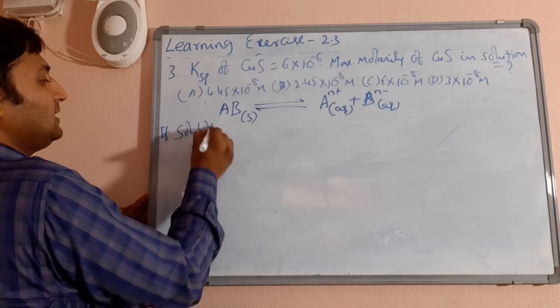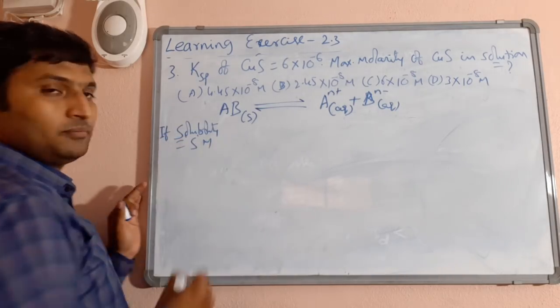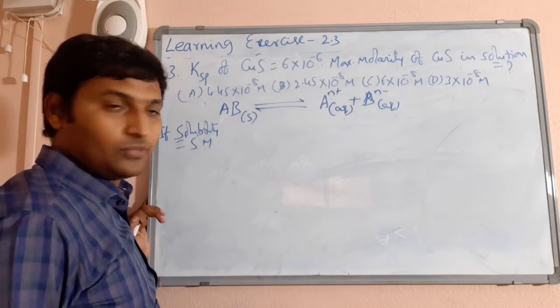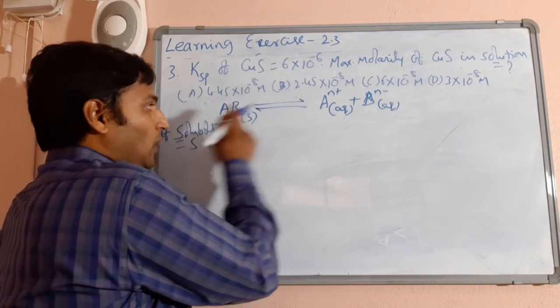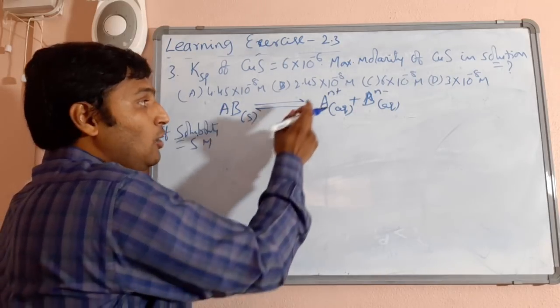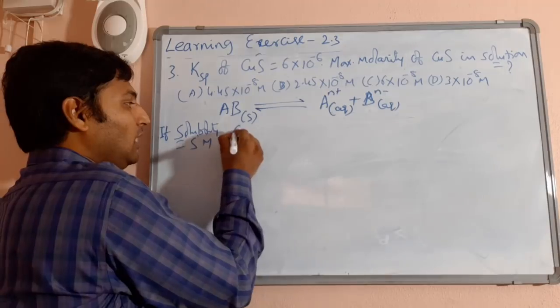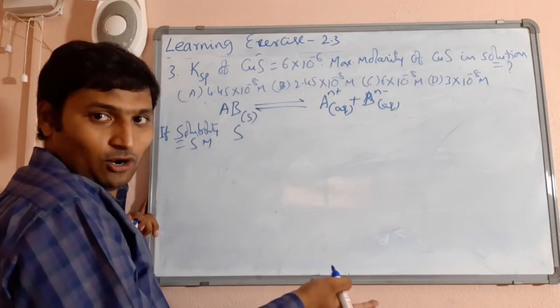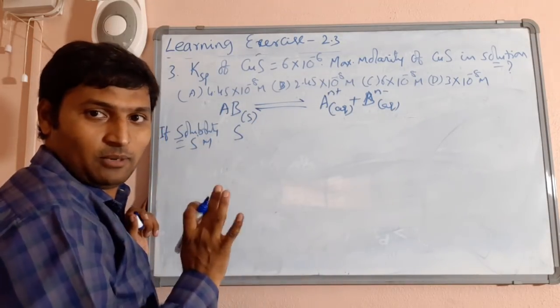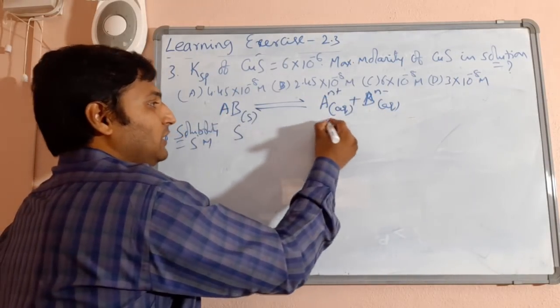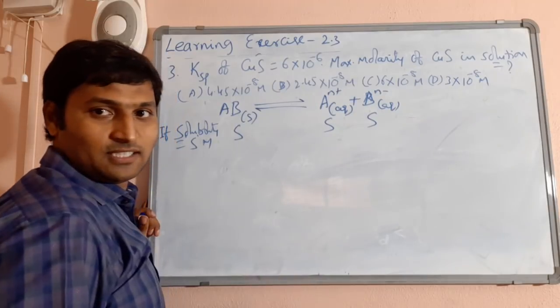Now, if solubility is equal to S molar, then as per this balanced equation, 1 mole of salt forms 1 mole each of cation and anion, right? Therefore, S moles is dissolved, that's why solubility is S moles. 1 mole of it would have formed 1 mole each, so S moles of it would form S moles each of these.